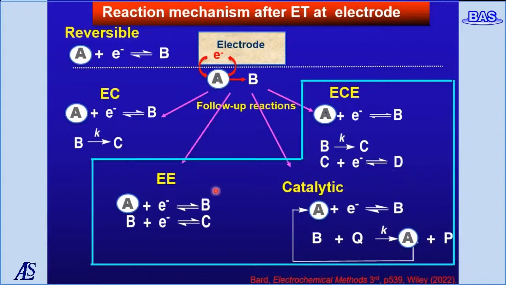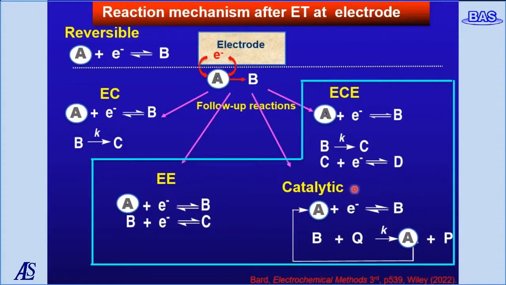In EE mechanism, the successive one electron transfer occurs, and the resulting reduced species B is further reduced to a species C. We call it EE mechanism.